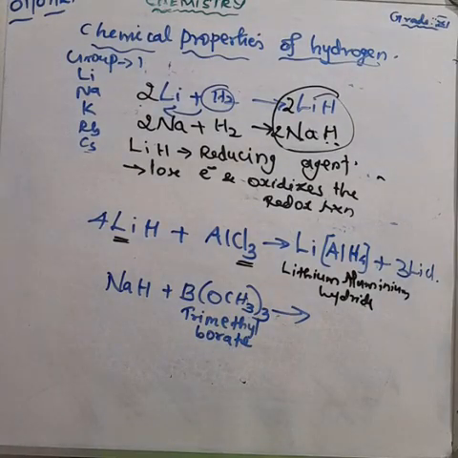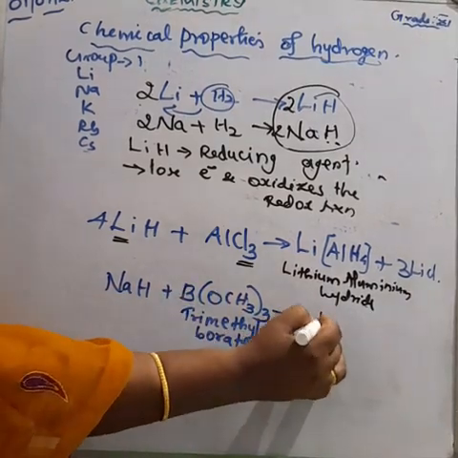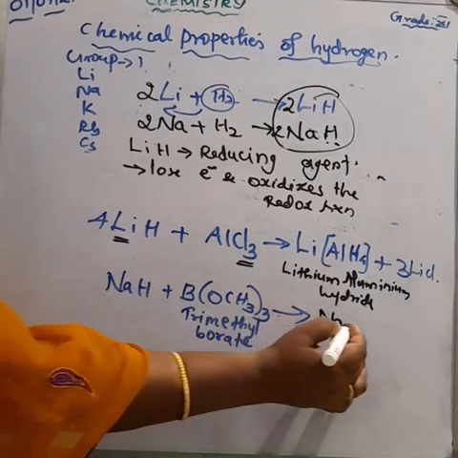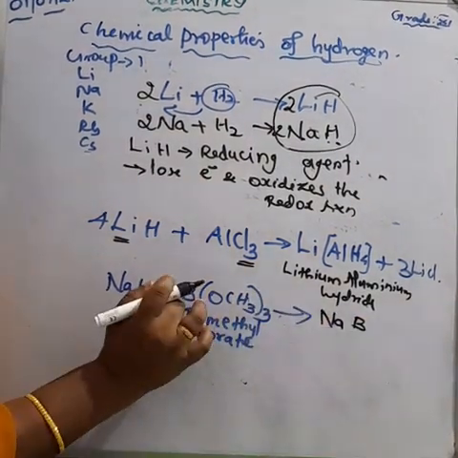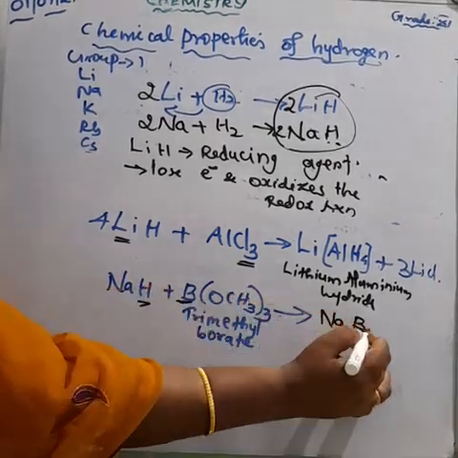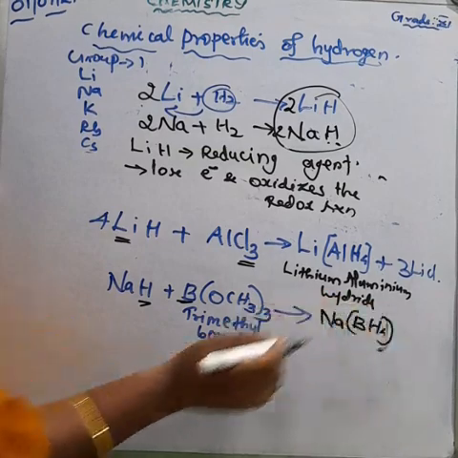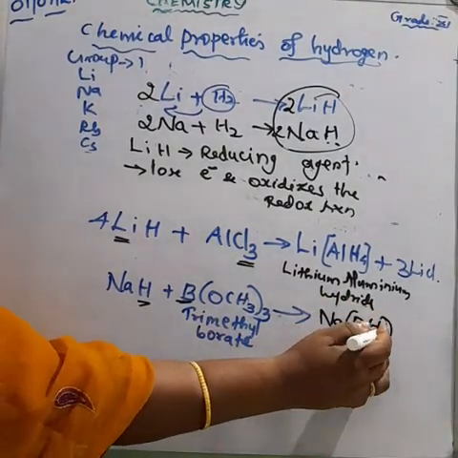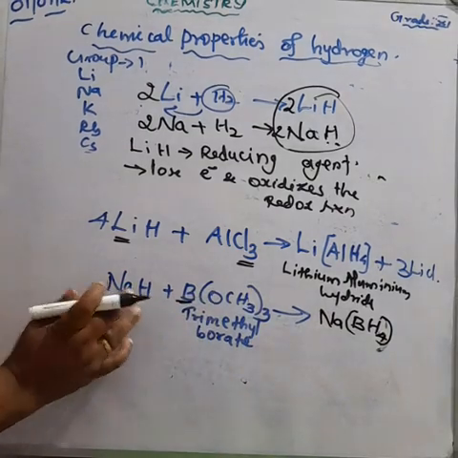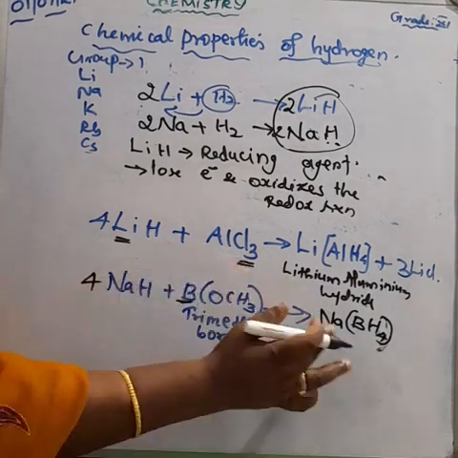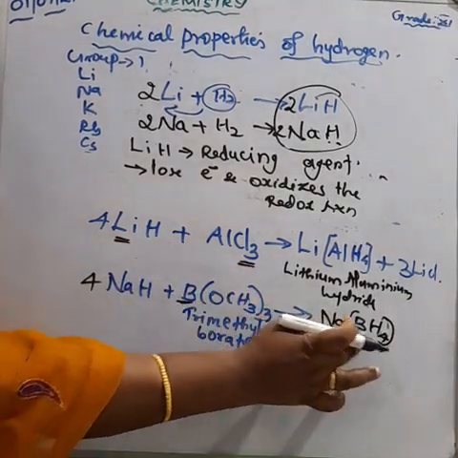Sodium hydride combines with the trimethyl borate to form sodium borohydride, NaBH4. Here, how many hydrogen atoms does sodium borohydride have? 4 hydrogen atoms, but here only 1 hydrogen atom. So we have to make it 4. So 4 sodium hydride combines with the trimethyl borate to form sodium borohydride.